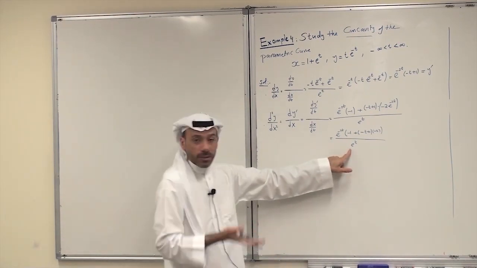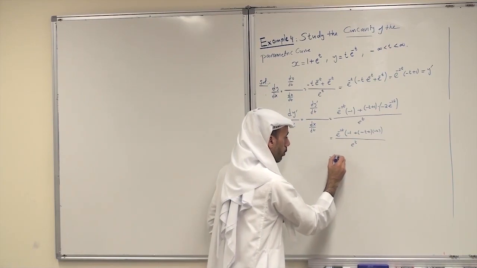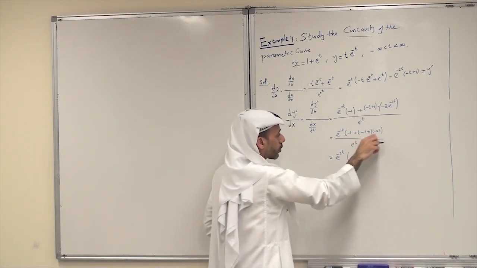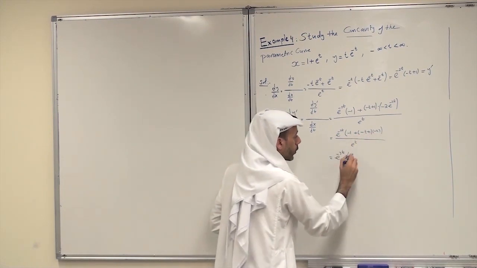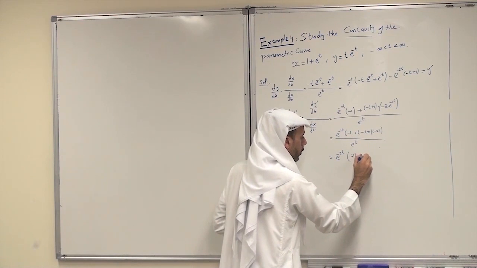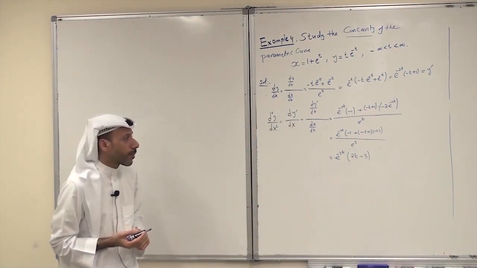Again, bring e power t up. It becomes e power minus t. So this becomes e power minus 3t. And here, just multiply and simplify. This is 2t minus 2 minus 1, minus 3. This is the second derivative.